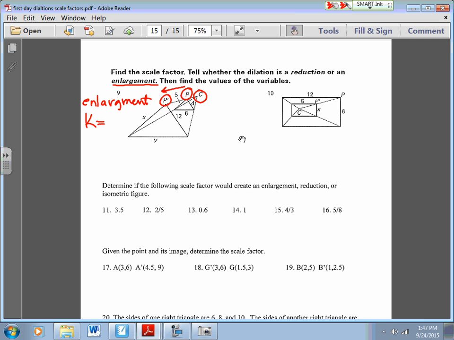Alright, 4 over 12, and everybody see 4 and 12 are the corresponding sides of the original and the new image. 4 over 12 equal to 6 over y. Alright. I'm going to do a dotted line for the original. Go ahead and solve that for y for me. And then I want you guys to set up the other equation to solve for x.